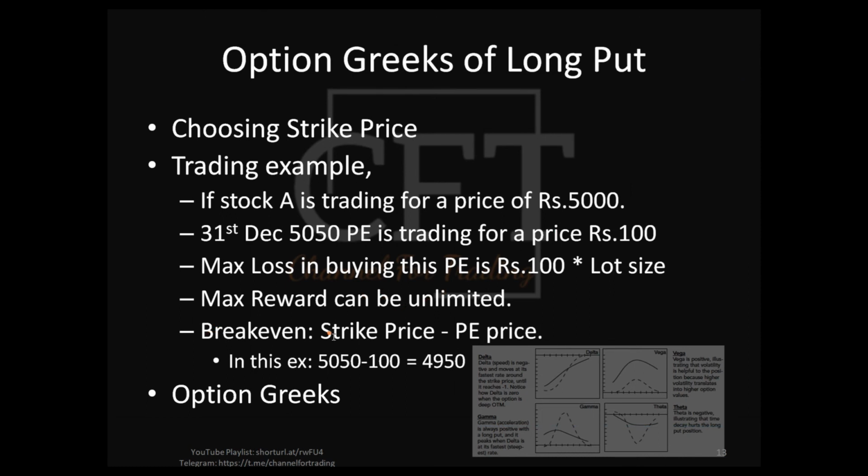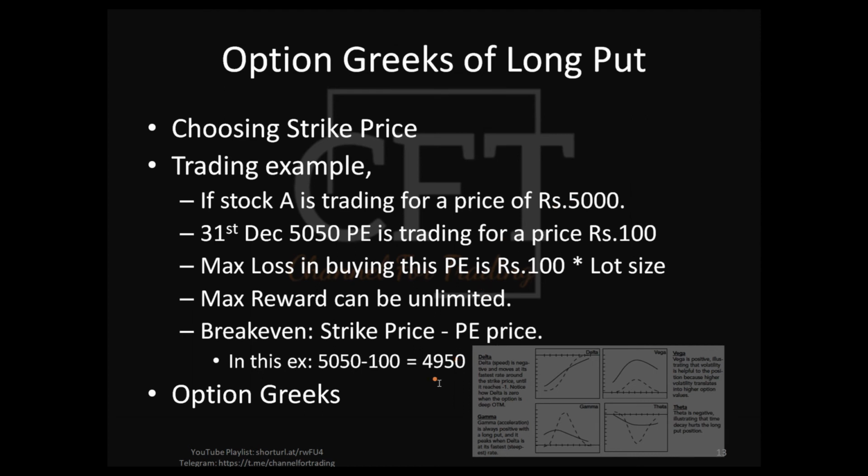The break-even is strike price minus PE price. That means the premium we have given for buying the put option. So it is 5050 minus 100, which is 4950. So if the stock is coming down to 4950 and staying there at the time of expiry, then we will be in a break-even situation.